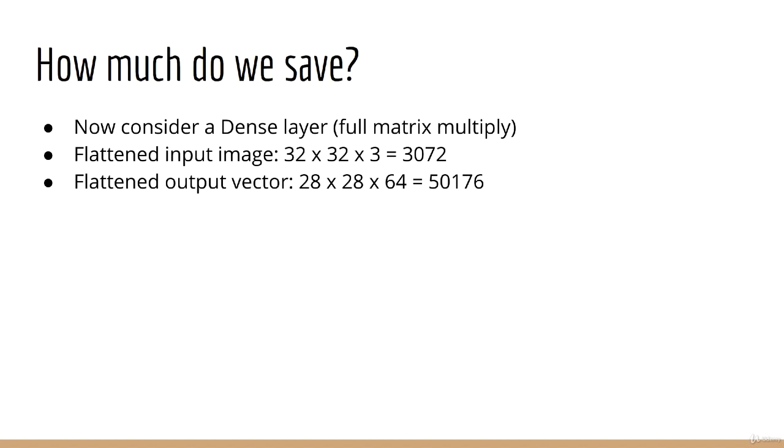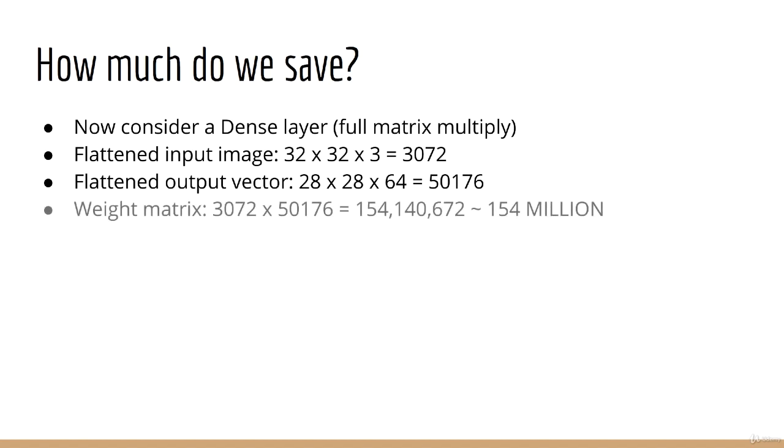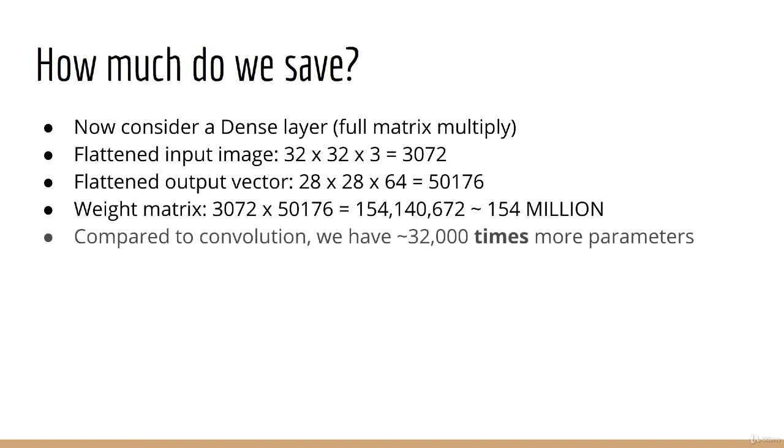So if we use the dense layer, we would have a weight matrix of size 3,072 times 50,176, which is approximately 154 million. Now that's a lot of parameters for just one layer of a neural network. In fact, compared to using convolution, we have about 32,000 times more parameters.